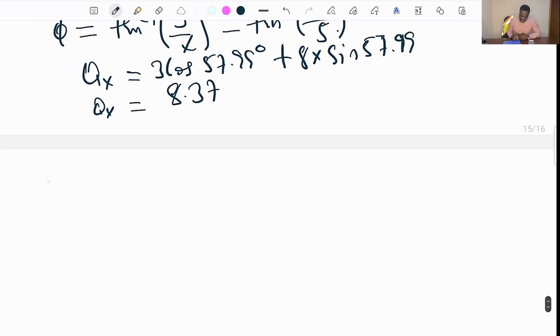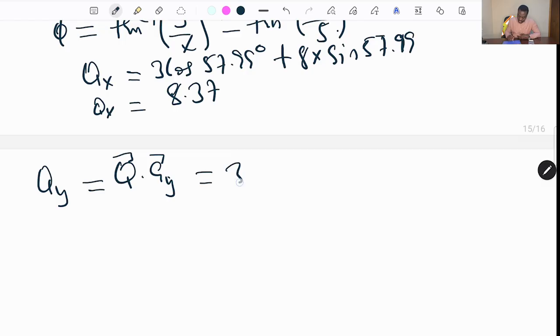Now let's get Q_Y. For Q_Y we also take the vector dot the unit vector along the y-axis. This one we can do straightforward.